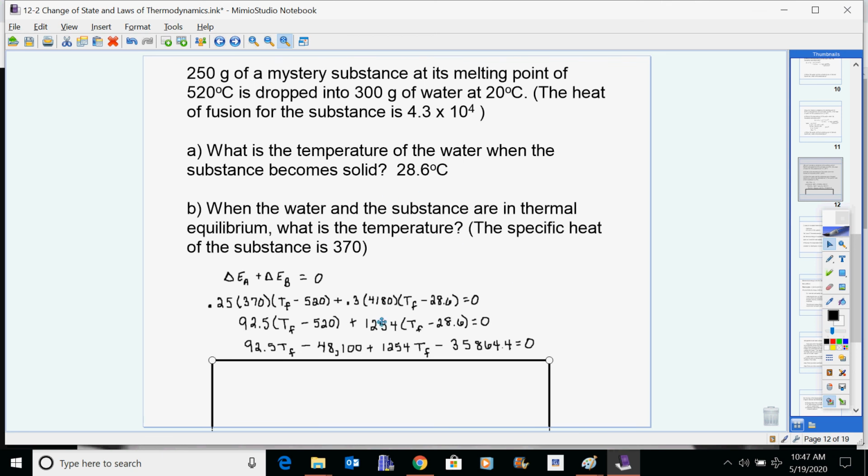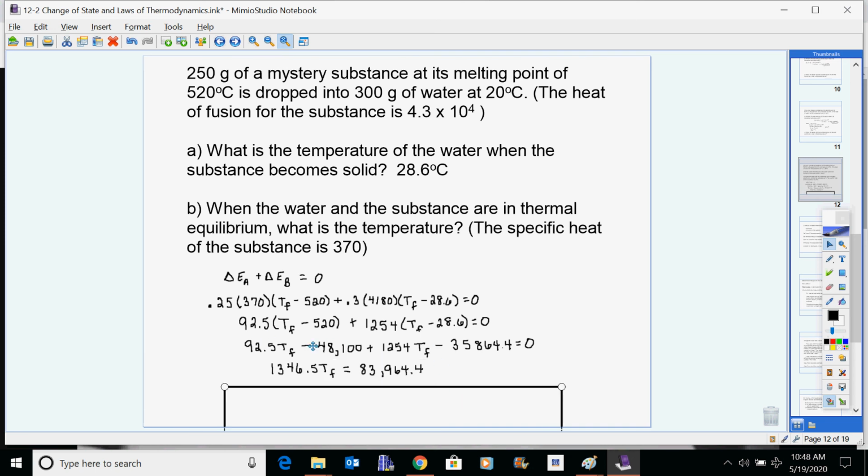You might want to pause it because a lot of you like to do the problem and then make sure you're right. So please make sure you can do this. Put our like terms together. Add the things that are subtracted to both sides. And then divide out. And we get that our final temperature for both the chunk of metal, or whatever the substance is, that chunk, and the water is 62.4 degrees Celsius.